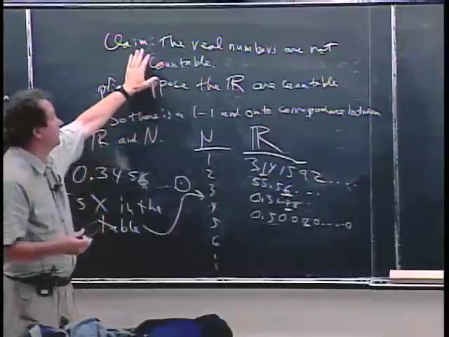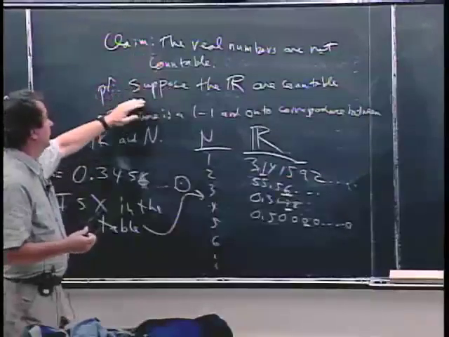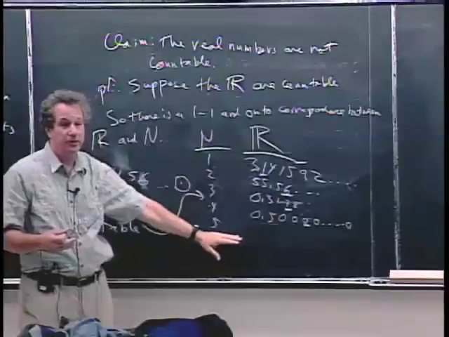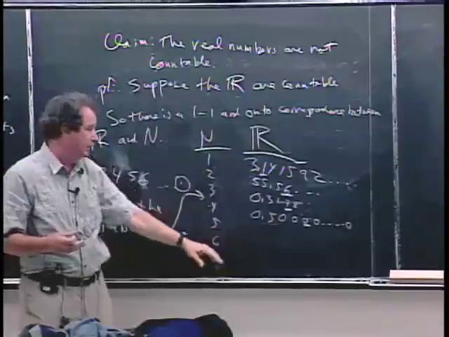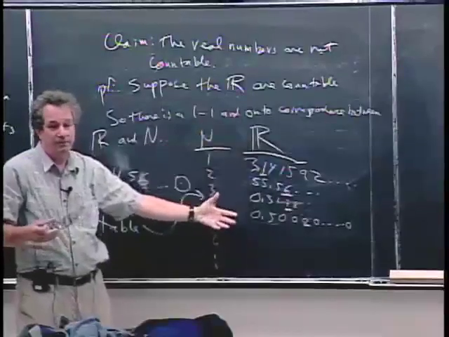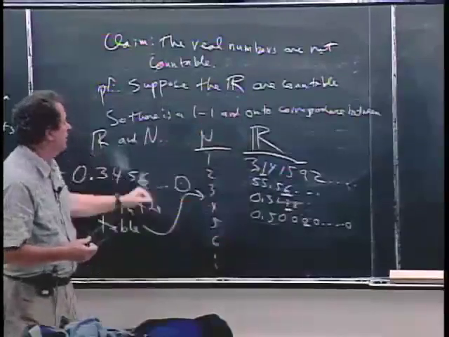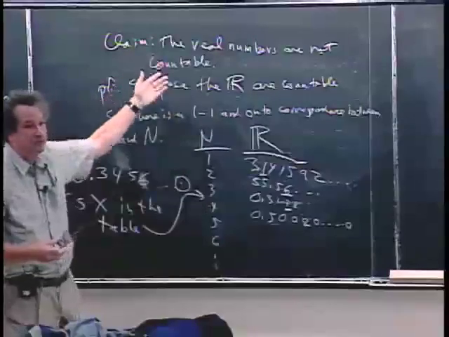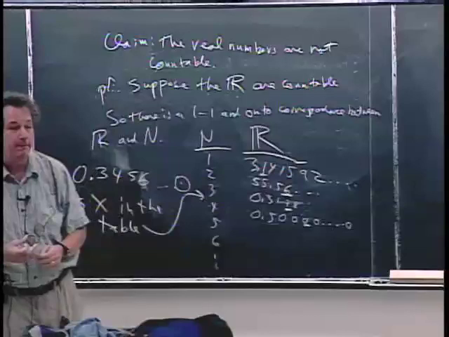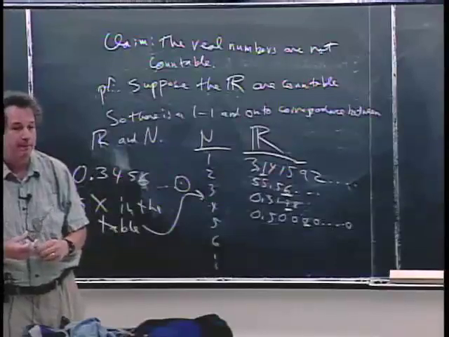So here we're supposing that the real numbers are countable, and then we'll come to some point of a contradiction, something that either contradicts that initial supposition or contradicts some other thing that we know to be true. And then we have to conclude that the original supposition was false. Yeah? You won't ever find it, right? Because the way you constructed it, you based it off of what was in the table.